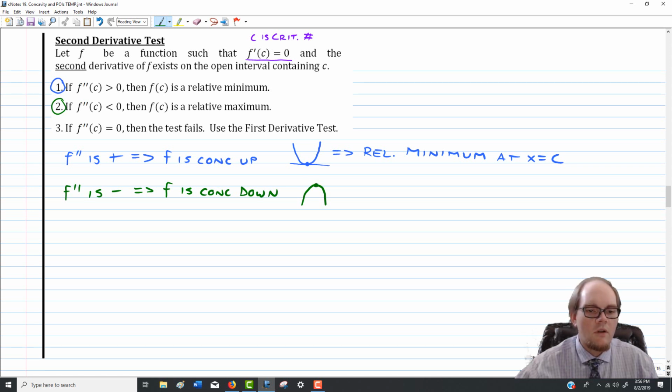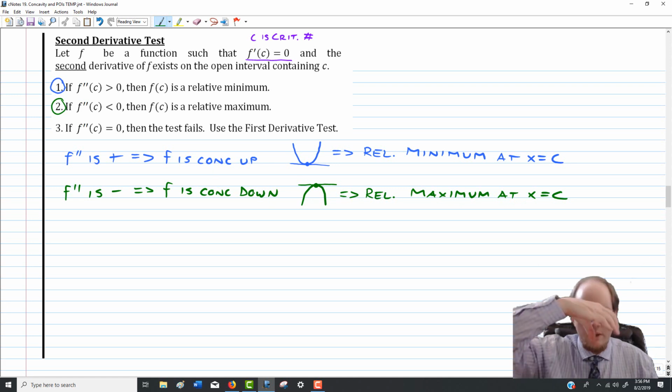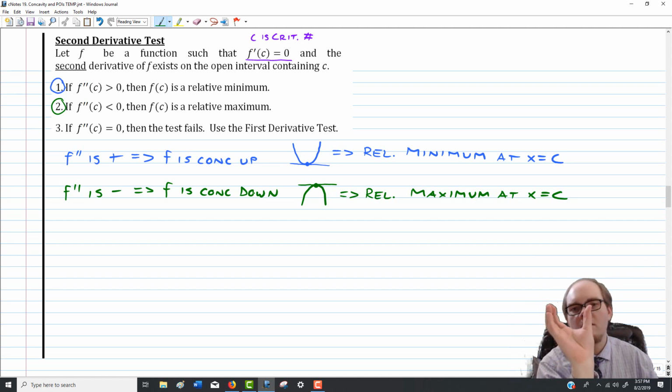From there, if we're at the critical number on a concave down function, then our tangent line has to be above the curve, and therefore we are looking at a relative maximum square in the face. So once again, our concavity gives us a really quick path to determining max or min. If the second derivative is negative, a quick drawing would clearly show us that we could have a maximum, and if f double prime is positive, the function opens upward, which means that we have the possibility of a relative minimum.